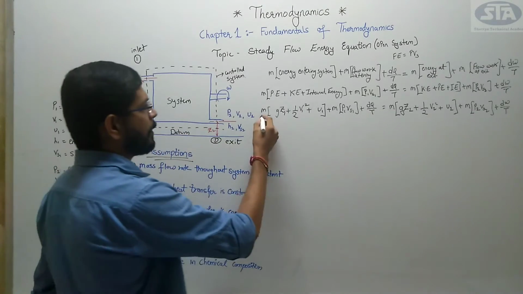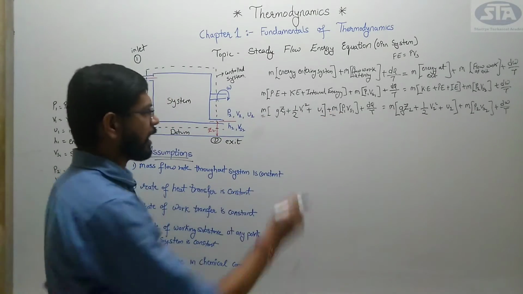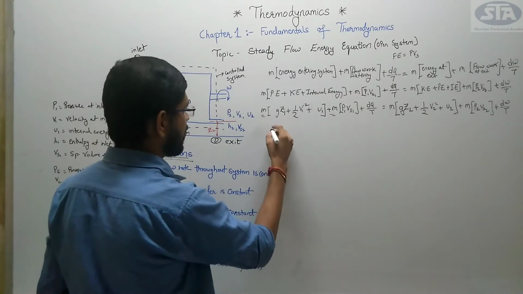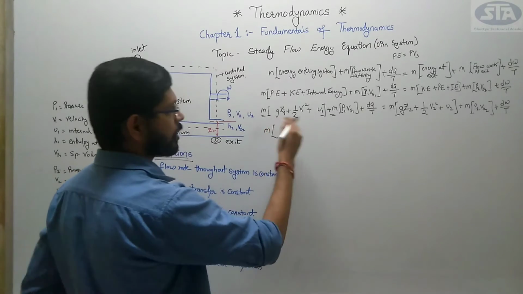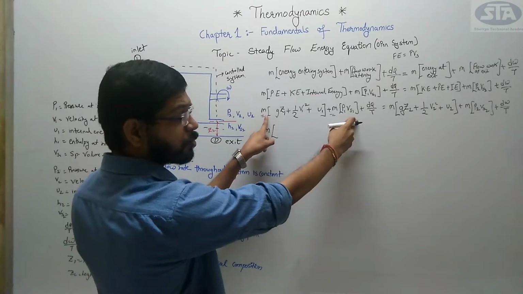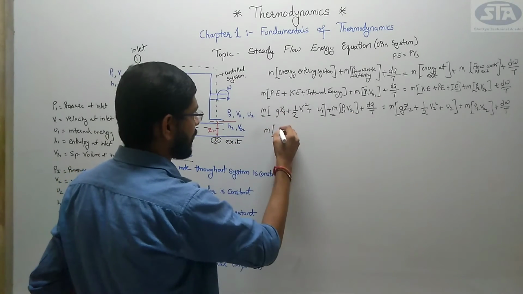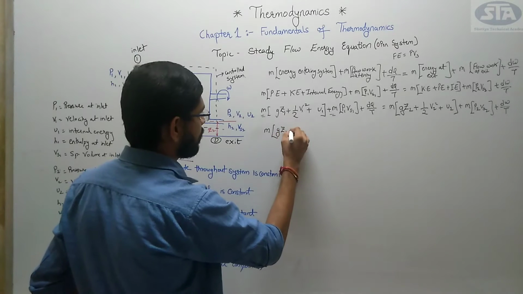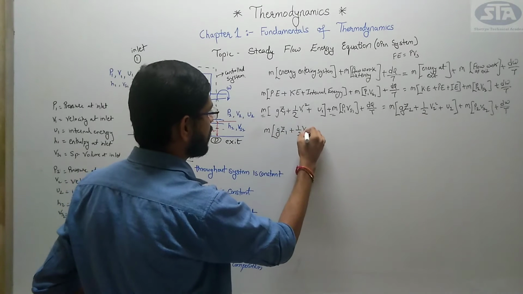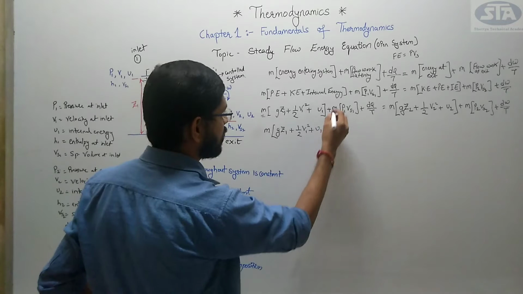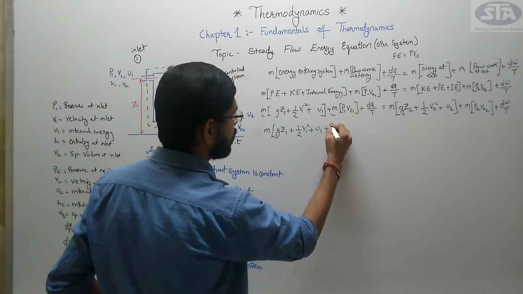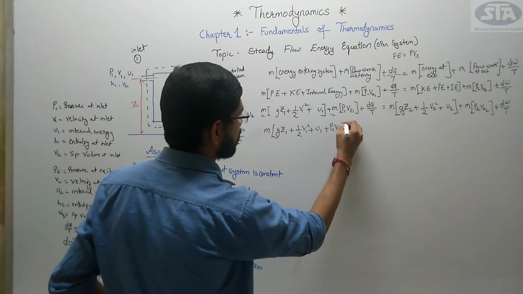Now my mass is common here. So can I just expand this and write simply m, combining these two brackets? I am adding these two brackets. So what would my next step be? See, I am writing this step as it is: gZ1 plus half V1 square plus U1 plus P1 Vs1, right?